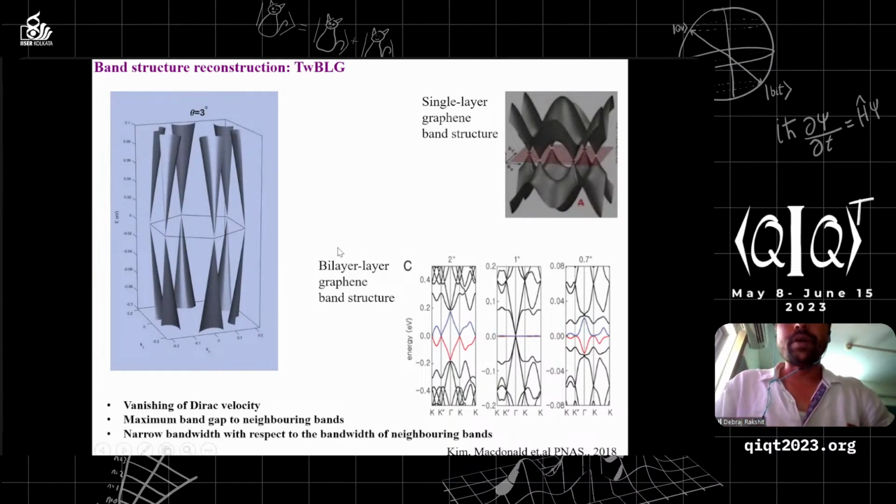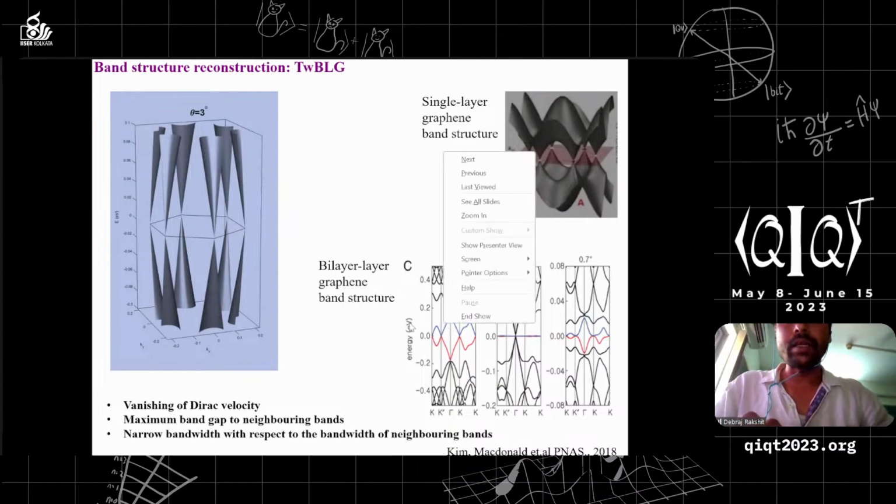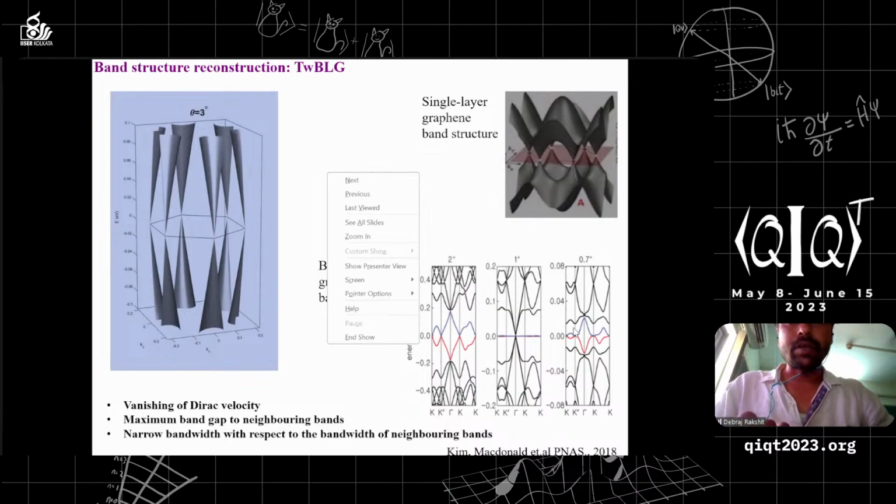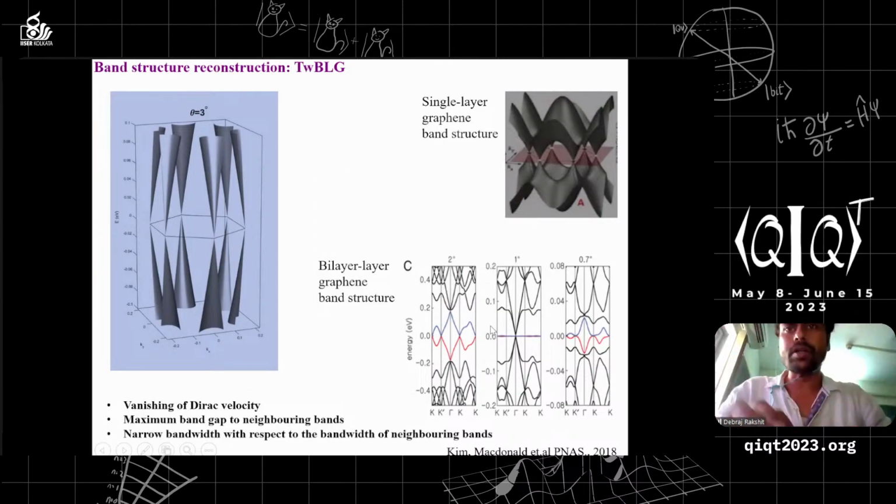And for example, in the bottom plot, where I am showing 2 degree, 1 degree, 0.7 degree, these are the relative angles between two layers, and you see how the band structures are emerging.